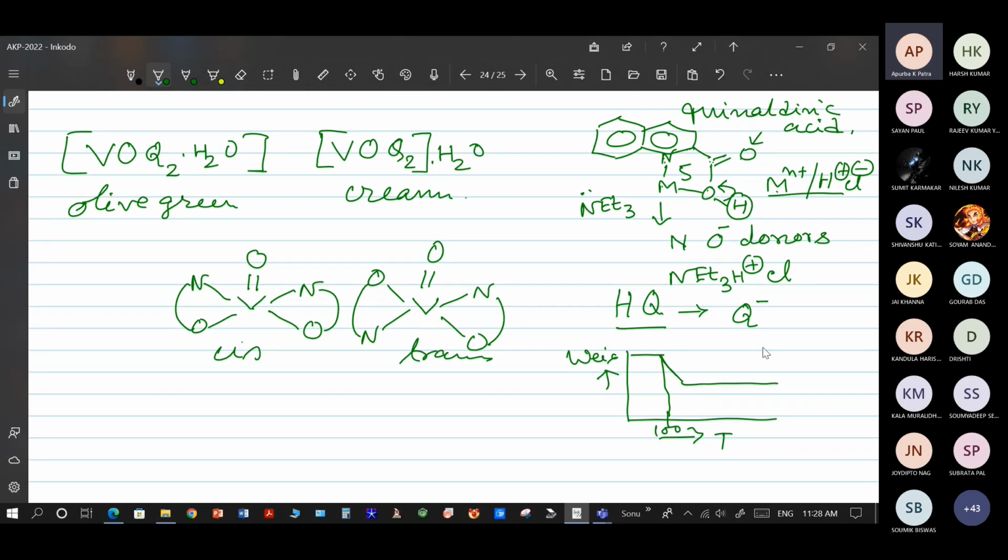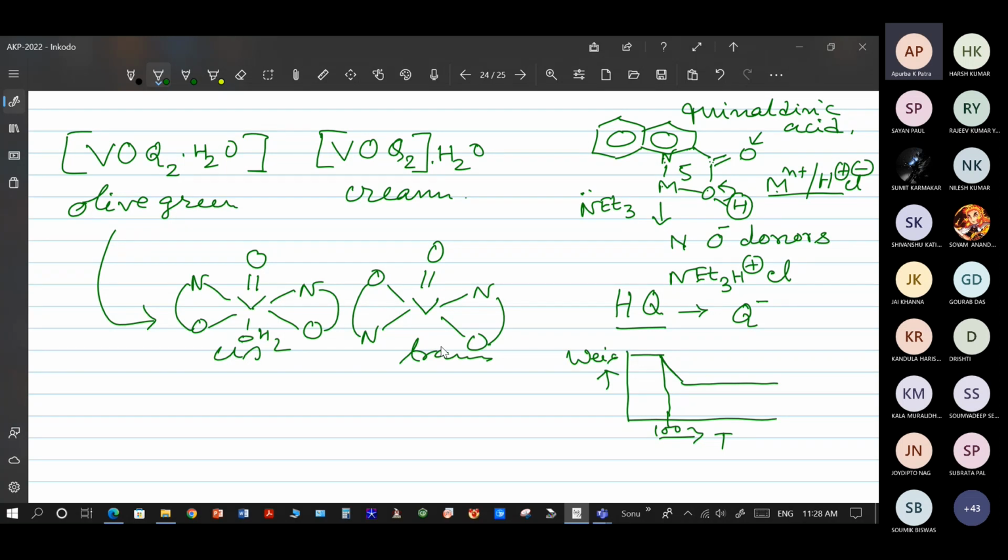In this way, we can see that in both these cases, one water molecule is there. Whenever one water molecule is there, the structure will be hexacoordinated in one, but in the other one it is pentacoordinated. So the coordination zone changes, and later on we will see that depending on the coordination geometry adopted by a metal ion, the splitting of the 5 degenerate d orbitals will be different.